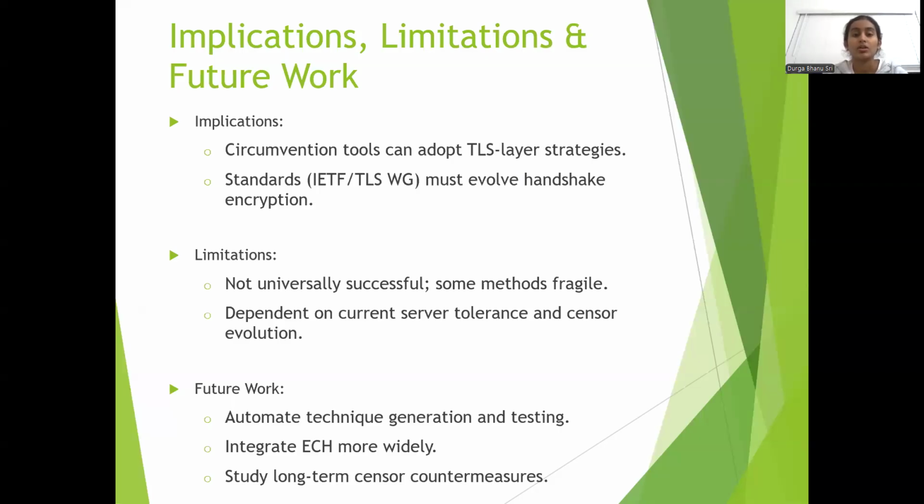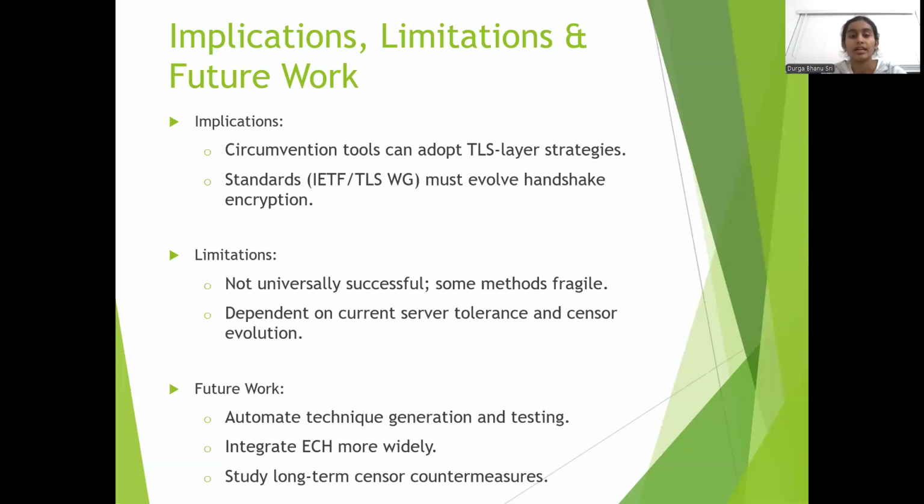Limitations are that not all techniques succeed everywhere, especially in the presence of exotic middleboxes. Some techniques rely on behaviors that might be flagged or blocked as anomalies in future updates. Deployment of ECH or TLS lags behind censor adaptation.